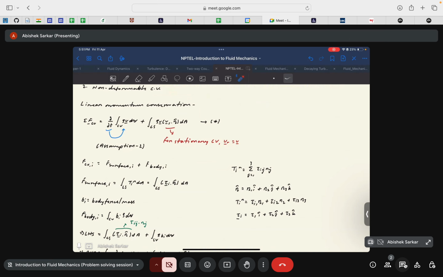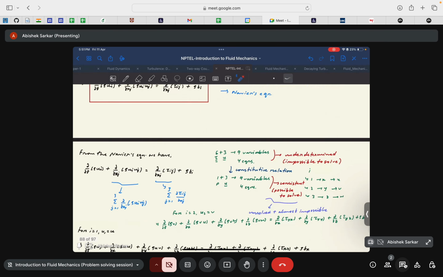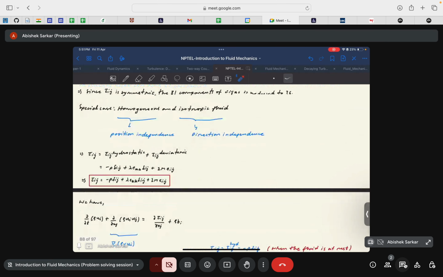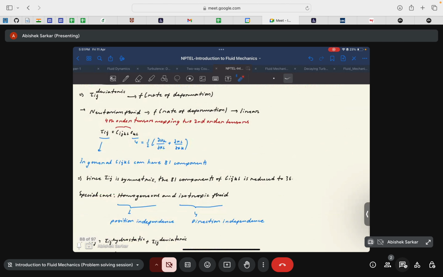Similarly, we found that a second order tensor can be mapped to a second order tensor using a fourth order tensor. So that's what we have here. We have four different indices, that's why it is a fourth order tensor.